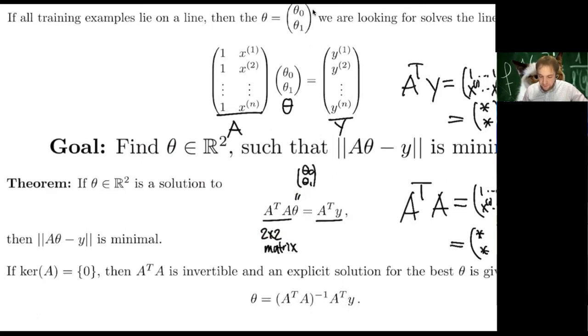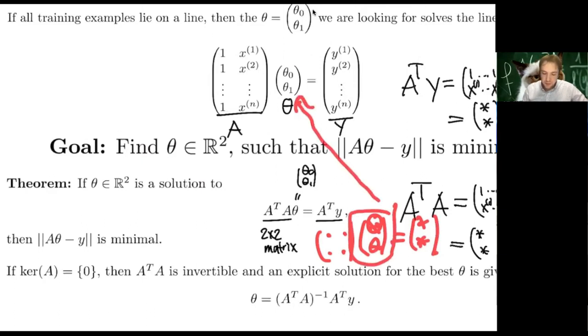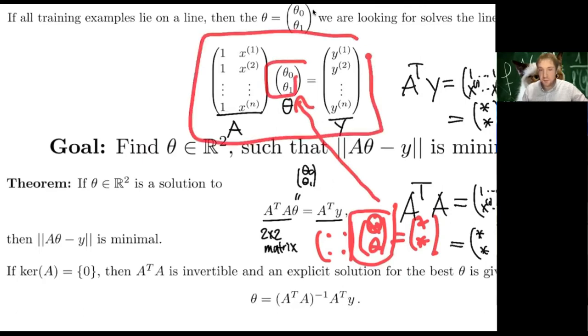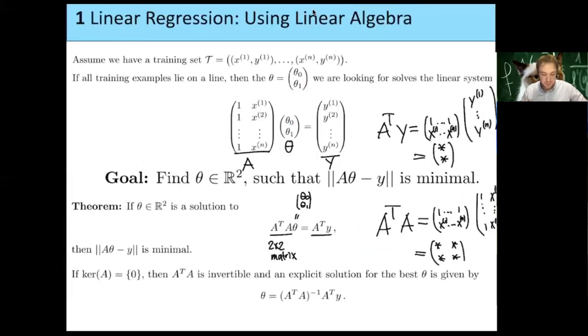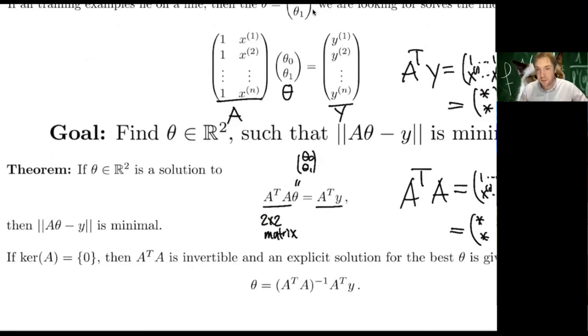So here we have a 2 by 2 matrix multiplied with something we want to find equals a vector of size 2. And this usually has an exact solution for theta 0 and theta 1. And these theta 0 and theta 1 then will give the best possible solution to this equation. So this is the statement of this theorem.